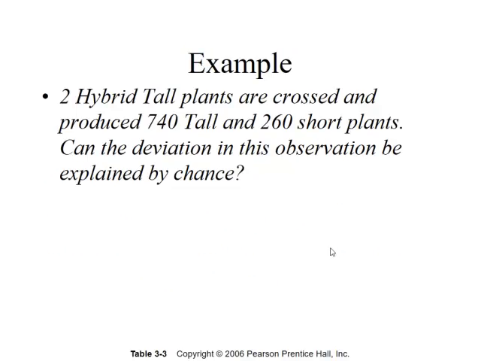Now let's try an example together. If you have 2 hybrid tall plants, big D, little d, that are crossed, and they produce 740 tall and 260 short plants, can the deviation in this observation be explained by chance? Well, the first thing you need to do is figure out what our expected should be.